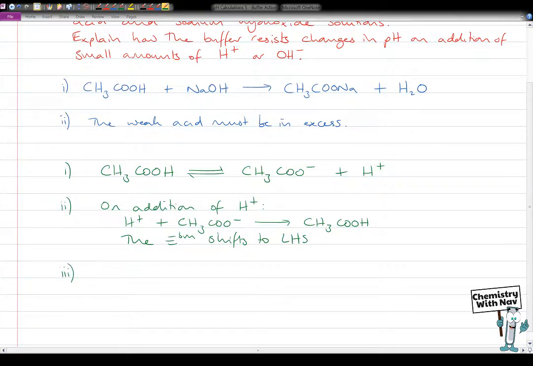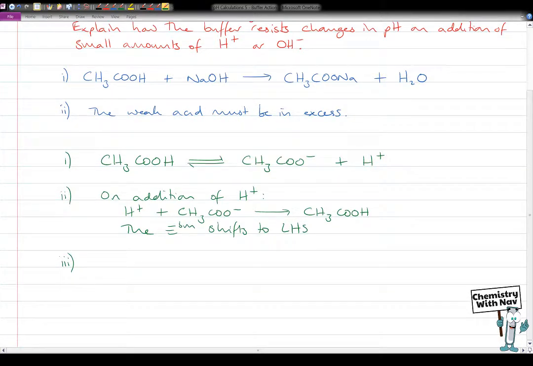The last thing to write is about the OH-. So on addition of OH-, the H+ from the equilibrium on the right hand side reacts with the OH-, and that goes to form water. But if I take the H+ out of that equilibrium, that means that the equilibrium will seek to replace it.